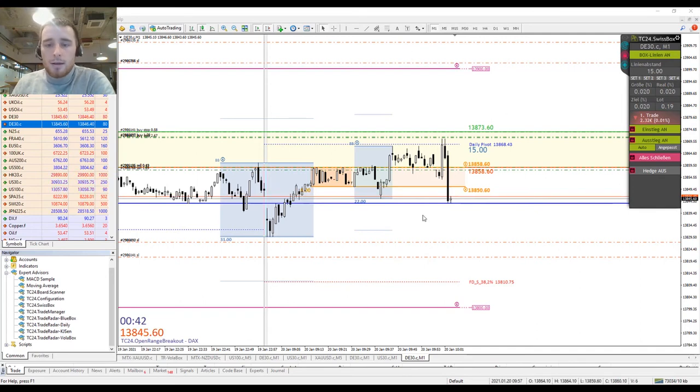If we ever feel like our take profit is at a certain level of support or resistance and we're not going to be able to get past that any further, we can always unlock the buttons here. So you can see we've got a lock button next to here. We can unlock it and we can manually close all of those trades.